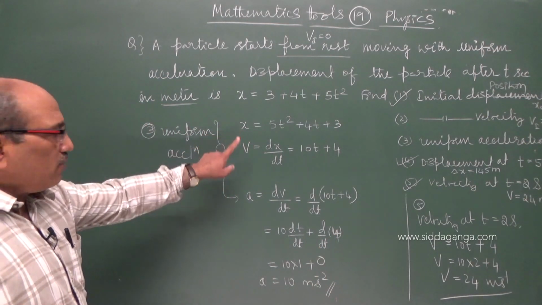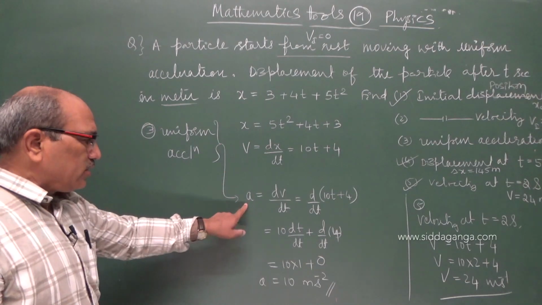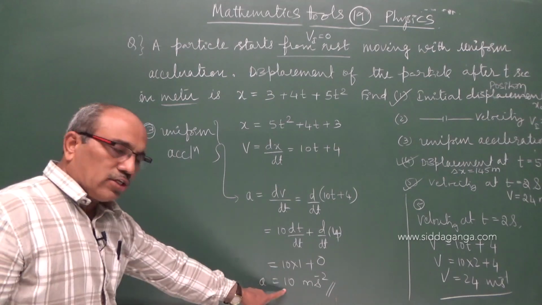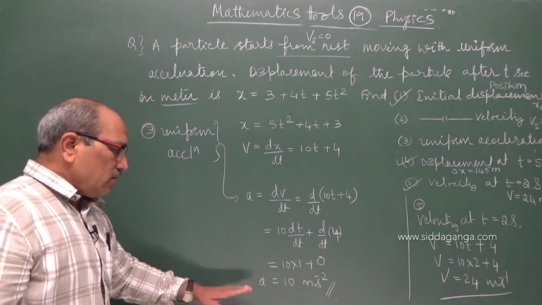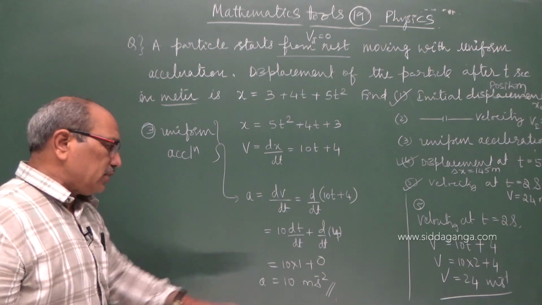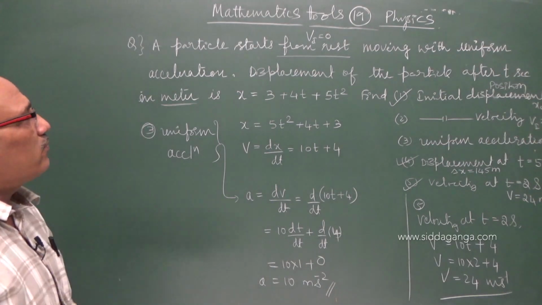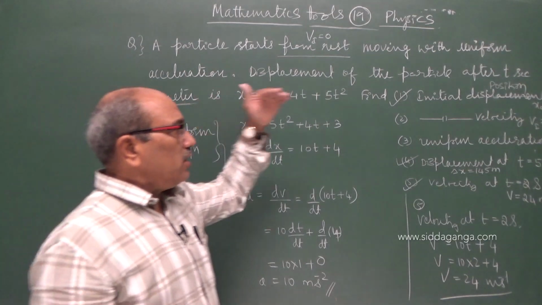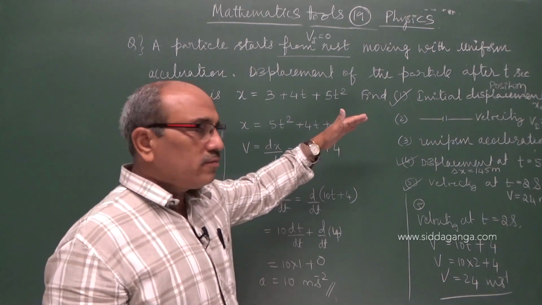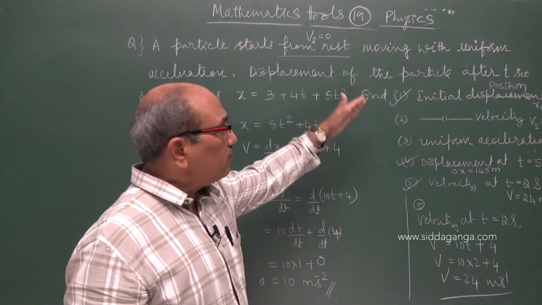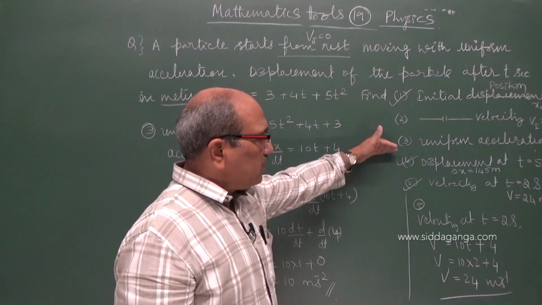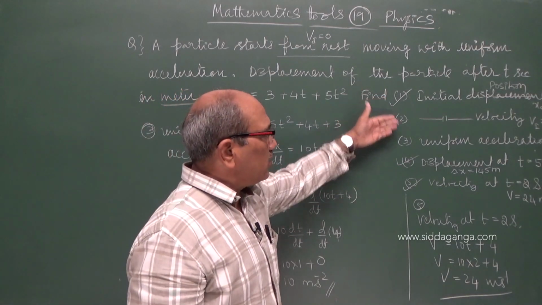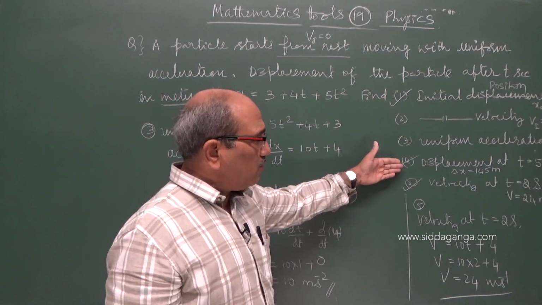Given position, find velocity and find acceleration. Finally, you got that it is uniform. They already told it is independent of time, therefore it is constant and does not change with value. With such an equation given, you can find the initial position, the position after 5 seconds, and if they ask displacement, take the initial position and the final position after a certain time.